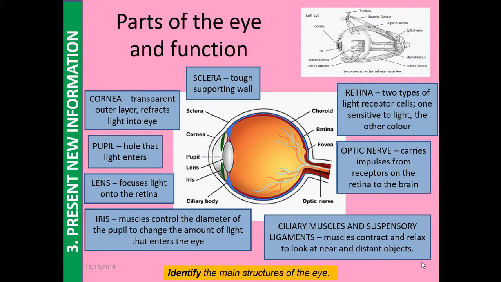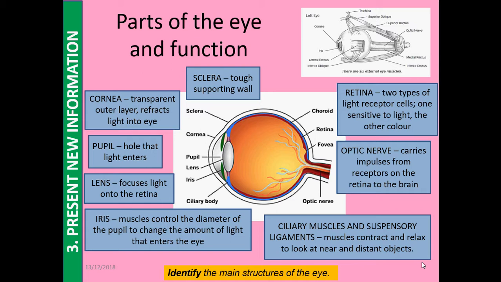So we've got a bit more detail here. You can see the top picture there is showing you all of the different muscles that hold the eye in position. We've got the sclera, which I said was the tough supporting wall on the outside of the eye, the cornea where light refracts going into the eye, the pupil where light enters the eye, the lens that focuses on our near and far objects or surroundings, the iris, which controls how much light goes into the eye using the radial and circular muscles.